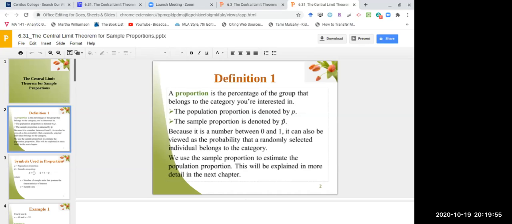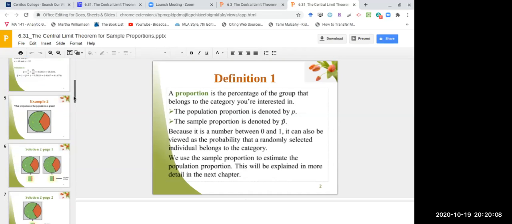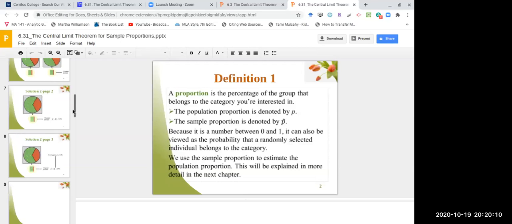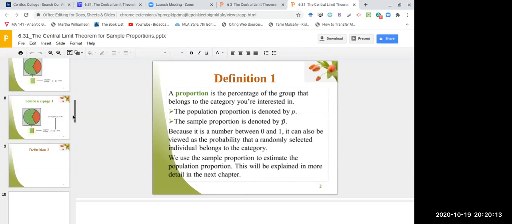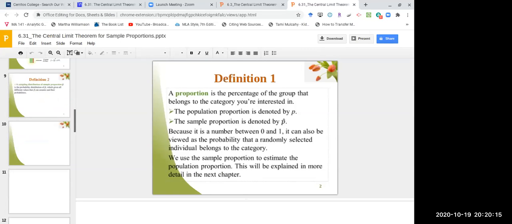The assumptions make a big difference here, and you will be tested on the assumptions. It talks a little bit about the proportions to start, talks a little bit about the notation, and then we take you through some examples of how the notation works and some definitions of it.